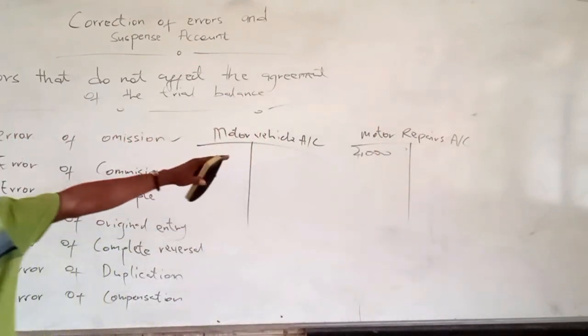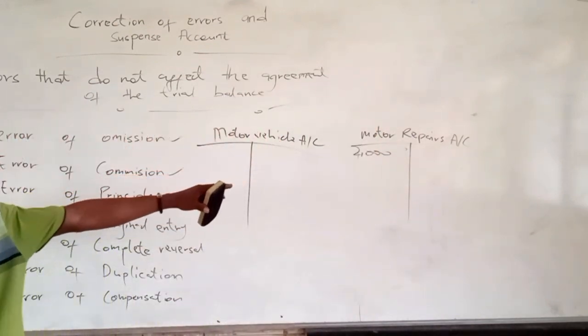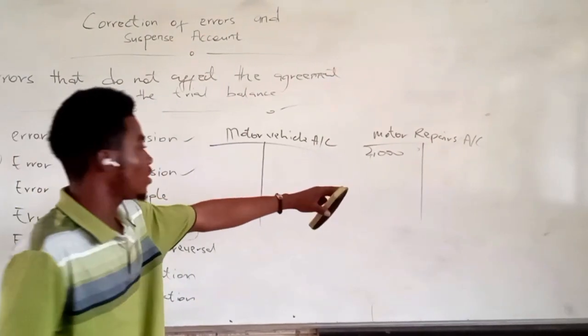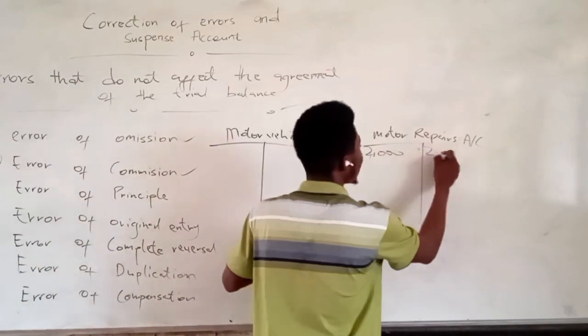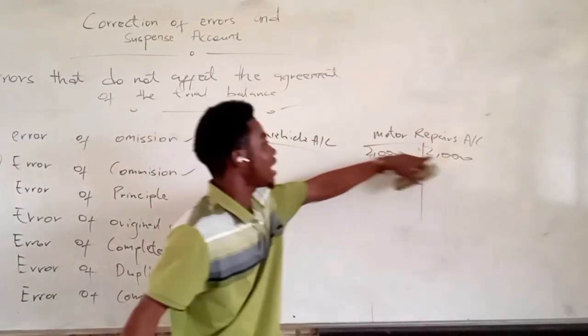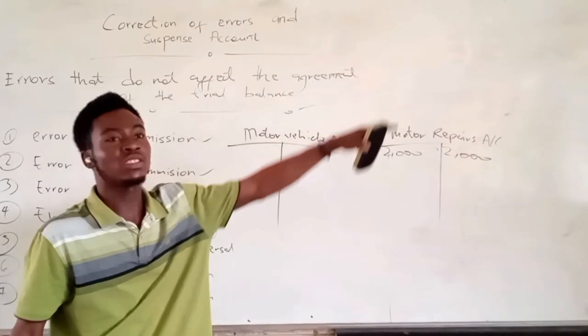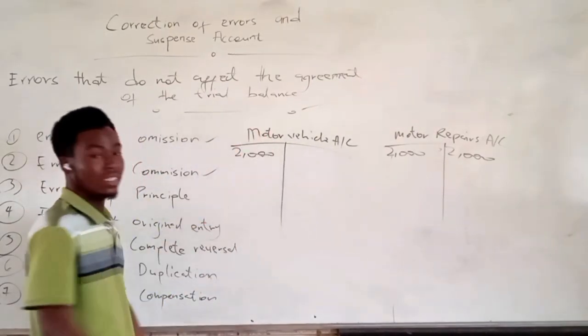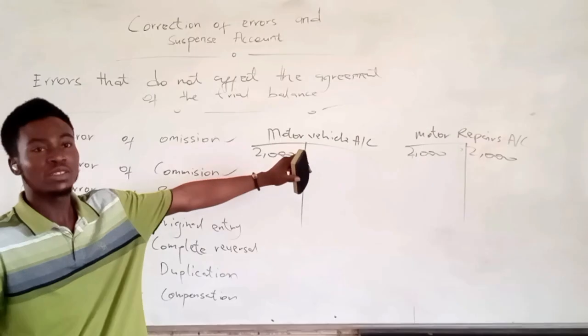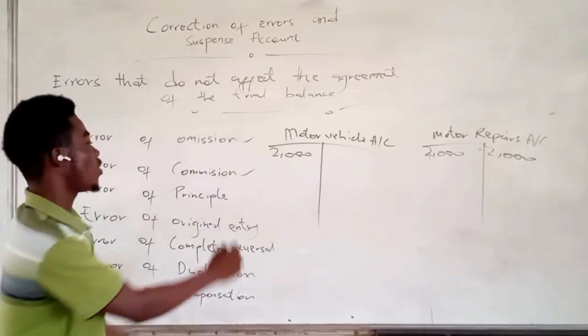This is not going to affect the agreement of the trial balance, but we have to correct it. So you have to record it at the opposite side to cancel it out from the motor repairs account, and come to the motor vehicle account and debit it to get the transaction correct. So that's how you correct the error of principle.